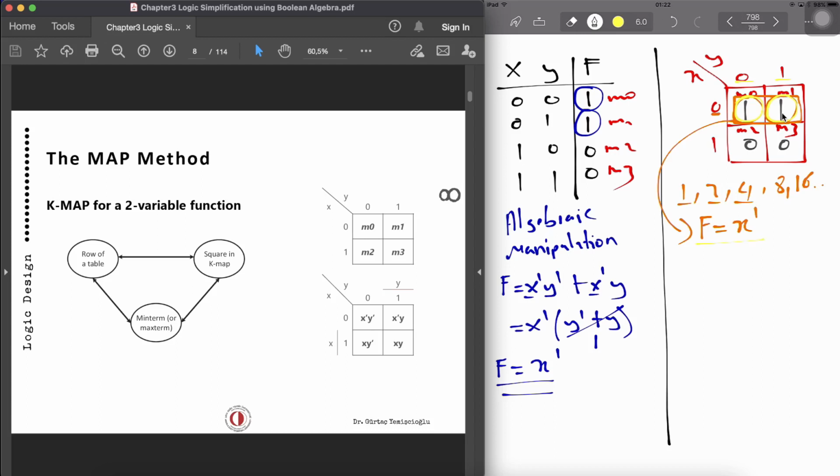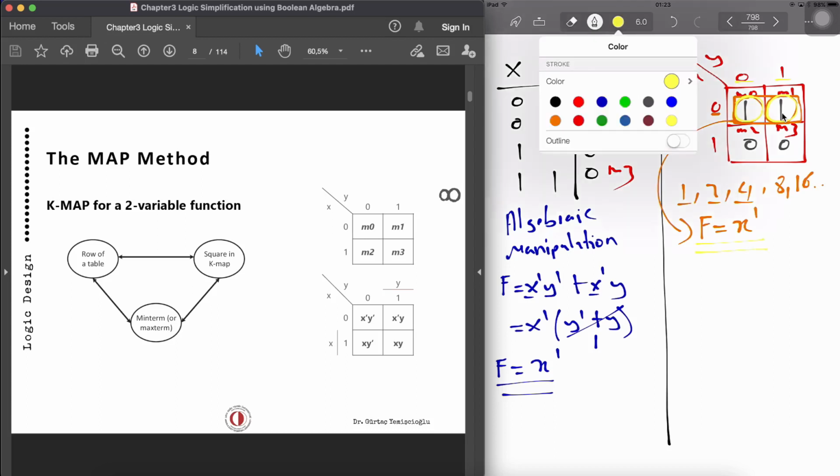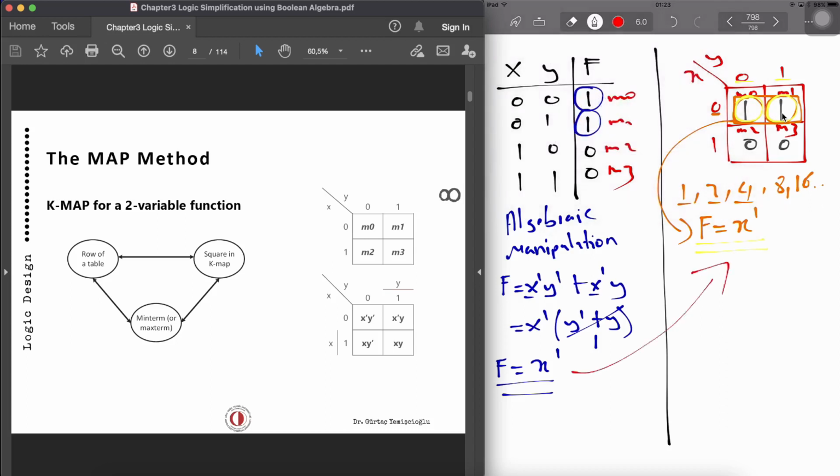So I just write f is equal to x prime. So as you can see, we got the same result as the algebraic manipulation. This shows that rather than going through those steps, when you get used to K-maps, you can easily translate a truth table into a map, combine them, and write an expression. That's all you need to do.